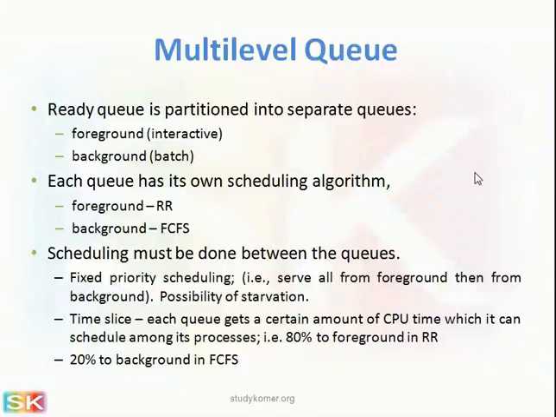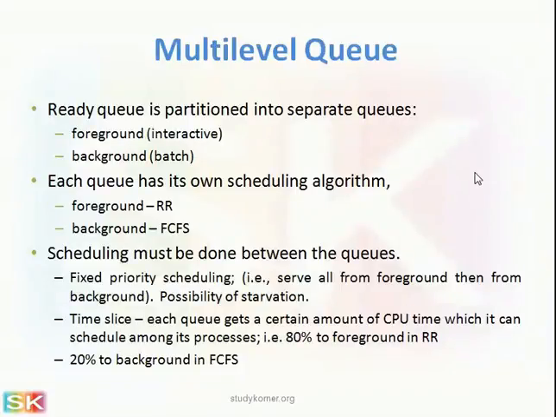So those processes can be submitted in the background, and the processes which require some user input or some interaction from the user, those can be submitted to the foreground queue, right?